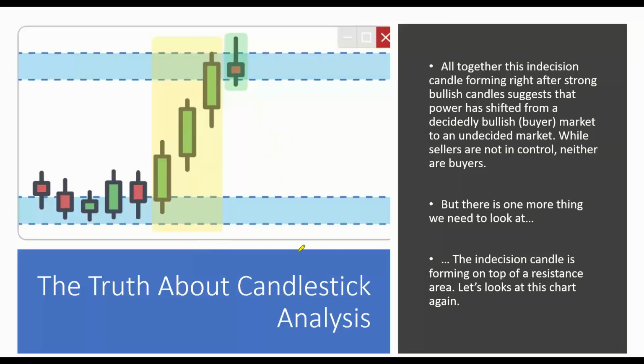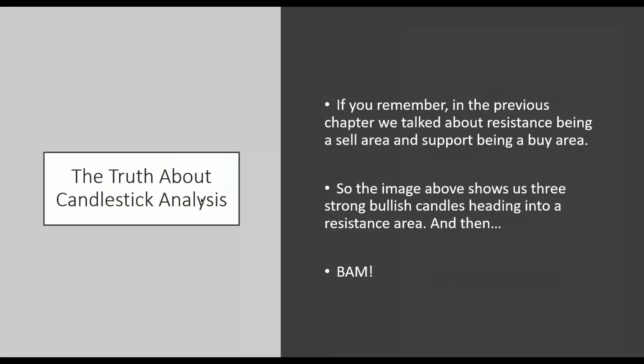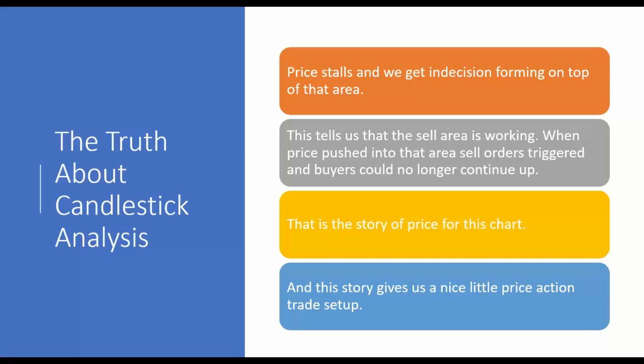But there's more than this. This is just step one and step two. But there's one more thing we need to look at. The indecision candle is forming on top of the resistance. So let's go back and look at the chart again. So price stalls and we get indecision forming on top of the area.